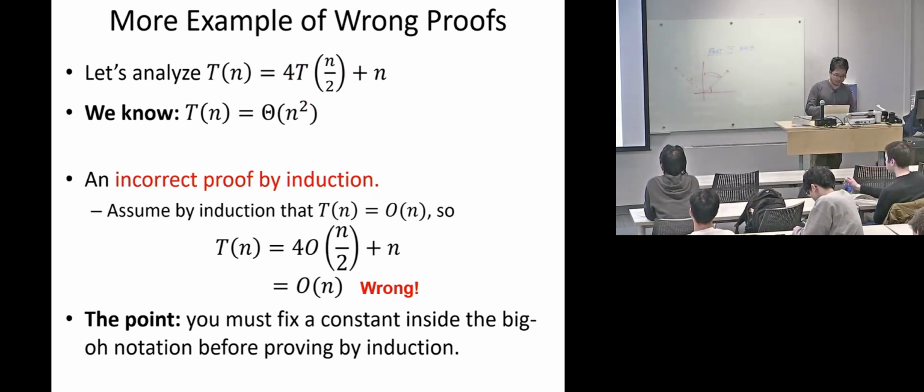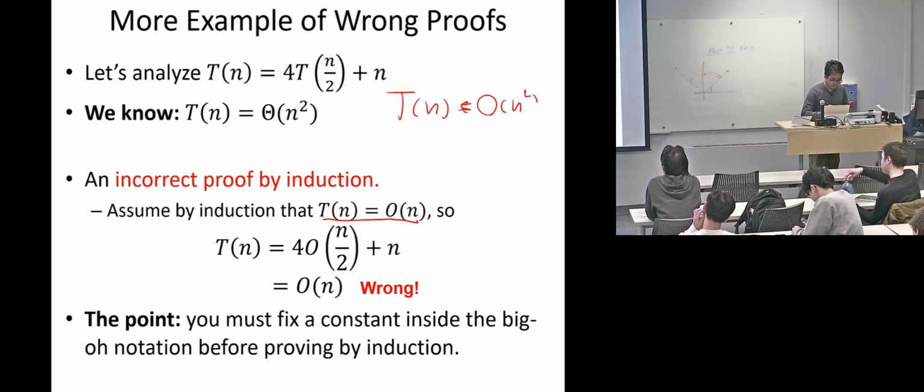What I mean is, when you write t is order of n squared, you assume that t of n is maybe some constant c, which is maybe larger than 100 or something.